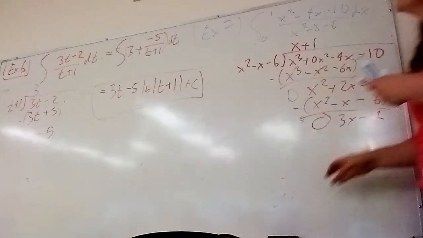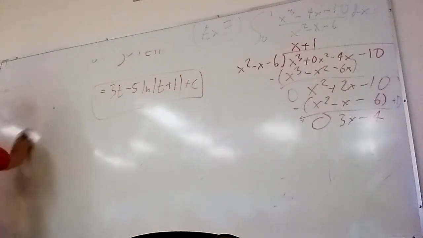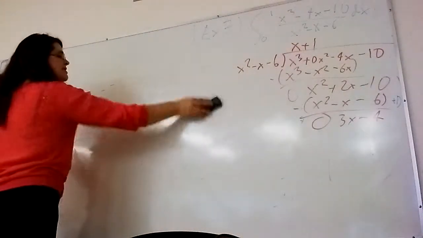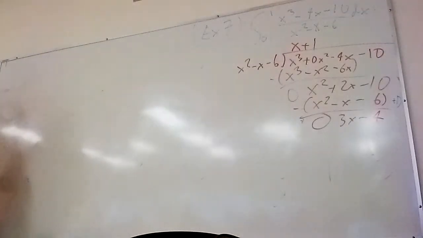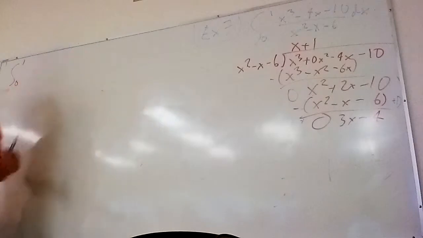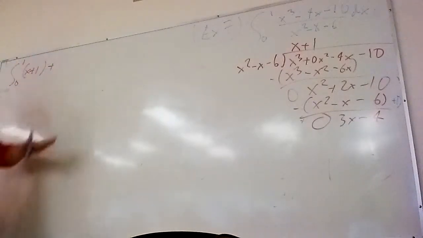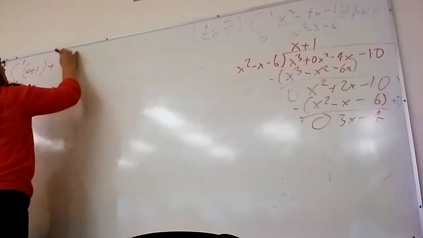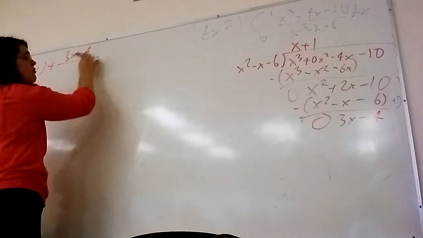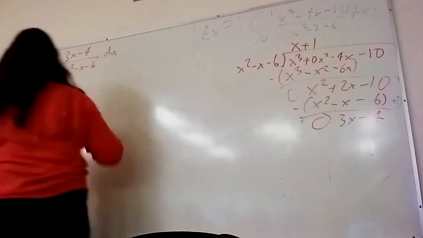And so what happens in example 7 is that the long division of polynomials allows us to write that integral as the integral from 0 to 1 of what the quotient is. The quotient there is x plus 1 plus the remainder, which is 3x minus 4, over the original denominator.